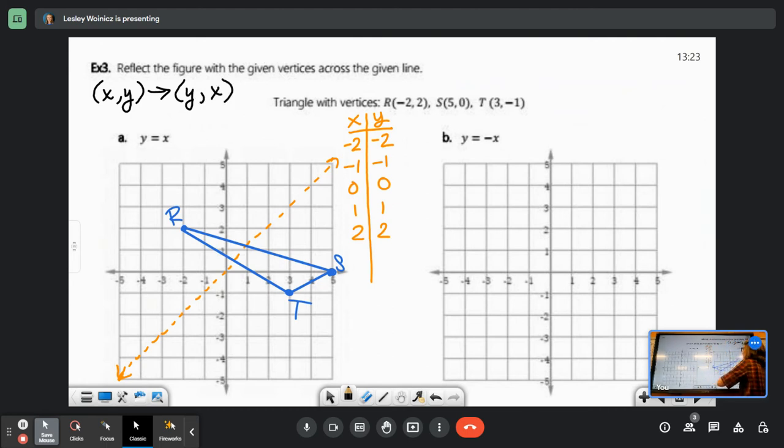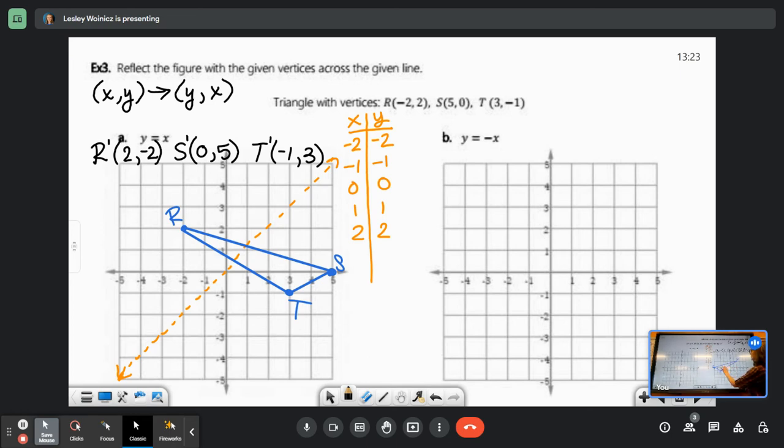So my R prime will be (2, -2). My S prime will be (0, 5). T prime will be (-1, 3).